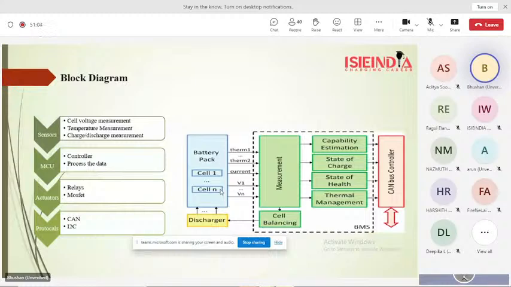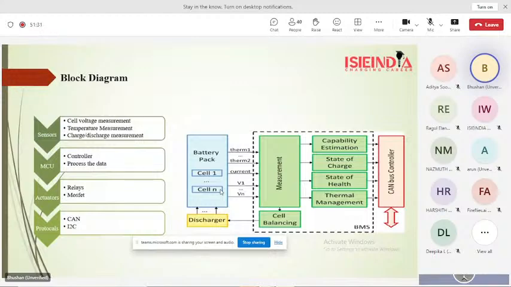In some cases, when there is charging and the load is also connected in series in the line, two MOSFETs will be there in the line, one MOSFET for charging and one MOSFET for connecting the load. If MOSFET one is turned on, it will be charging. If MOSFET two is turned on, it will be discharging to the load.